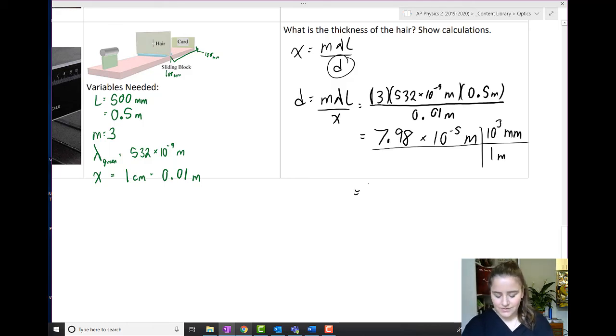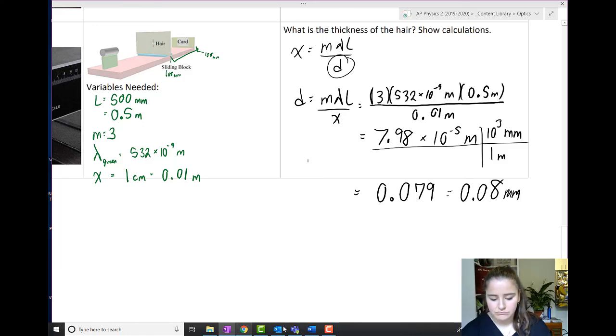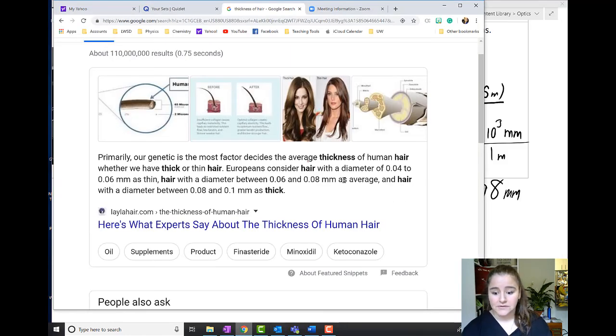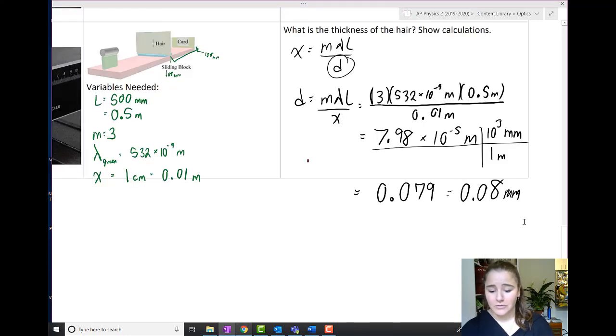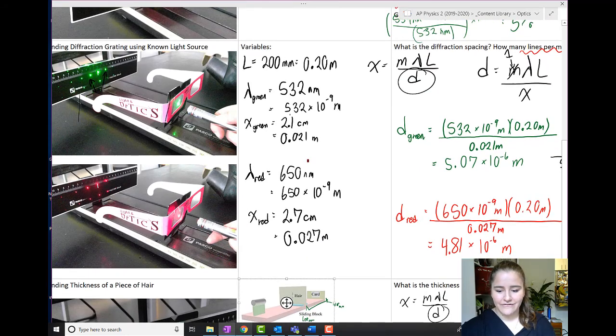So when you do that, you get 0.079. So 0.08 millimeters. Okay, so that is average. Okay, hair with a diameter of 0.06 to 0.08 millimeters is average. Average on the thicker side. Cool. Okay, so that is what we have.